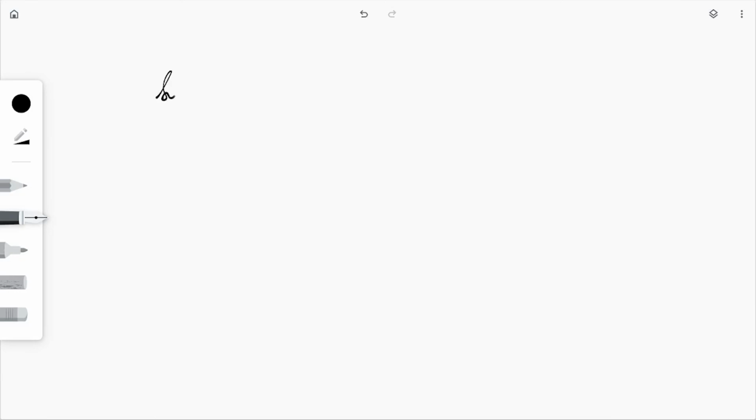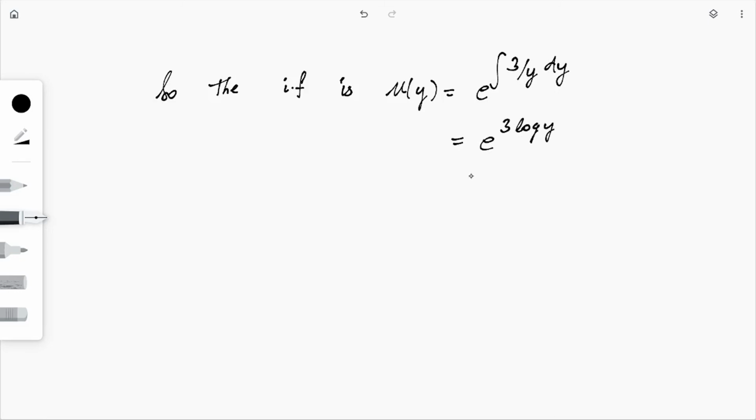So the integrating factor, just writing the short form, mu of y is equal to e raised to integral 3 by y dy. So integral of 3 by y is nothing but e raised to 3 into log y. So this can be written as e raised to log y cube. So this is nothing but y cube, our corresponding integrating factor.